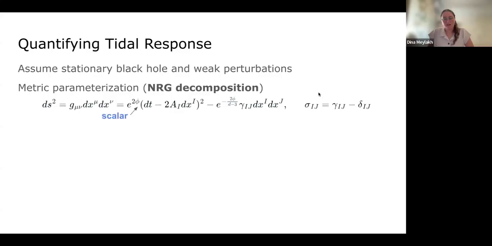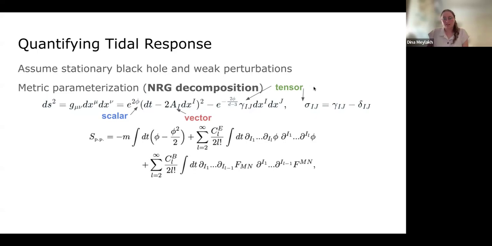This phi field is a scalar field, and this A_i field is a vector field, which is just like in electromagnetism where we have phi and A. But for gravity, we also have this tensor field gamma_ij, and sometimes it's more comfortable to work with sigma_ij, which is just gamma_ij minus delta_ij.